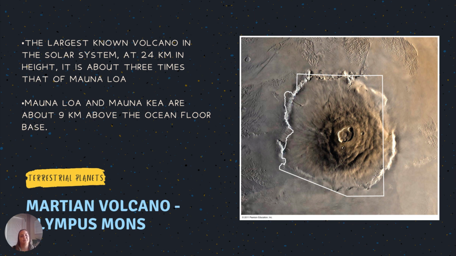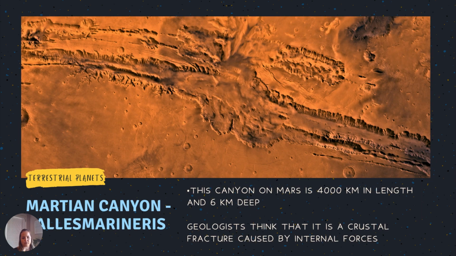And this one is about 3 times the size of Mauna Loa. So it is very large. So this is 24 kilometers in height, whereas Mauna Loa is only 9 kilometers from the ocean floor. So very significant difference there. Huge volcano.